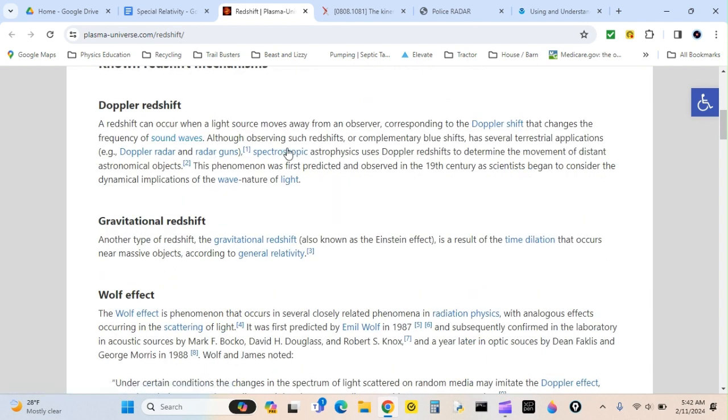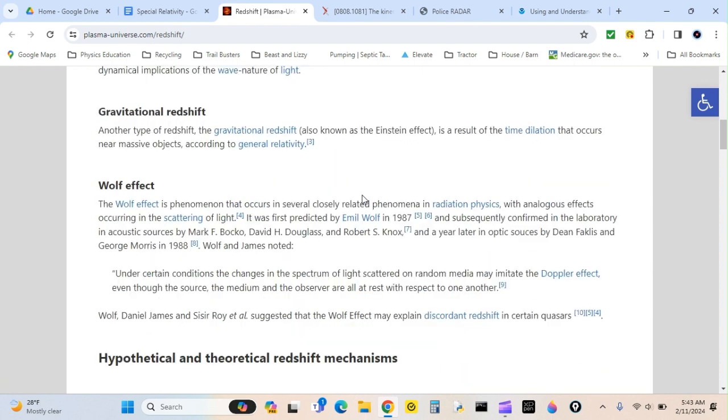So here's the known redshift mechanisms. Doppler redshift, we just went over that. Now, gravitational redshift. Gravitational redshift is, according to general relativity, that when things get near a massive object, the space is bent like that.